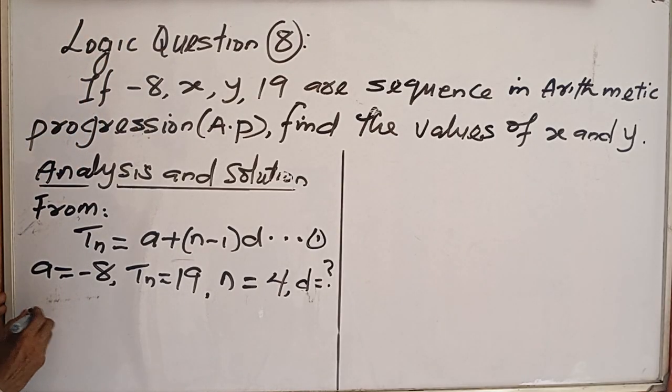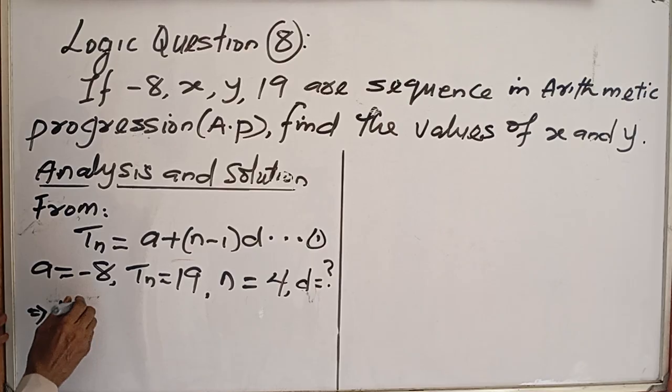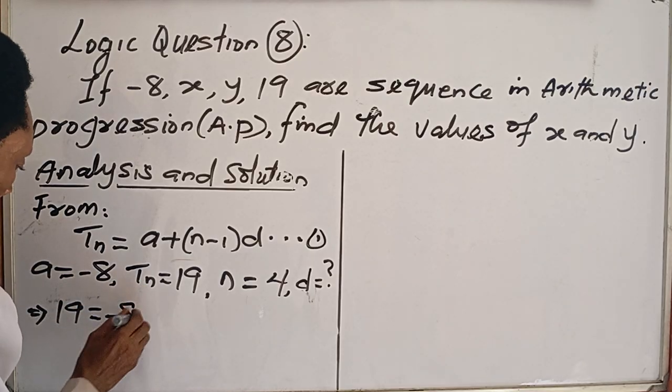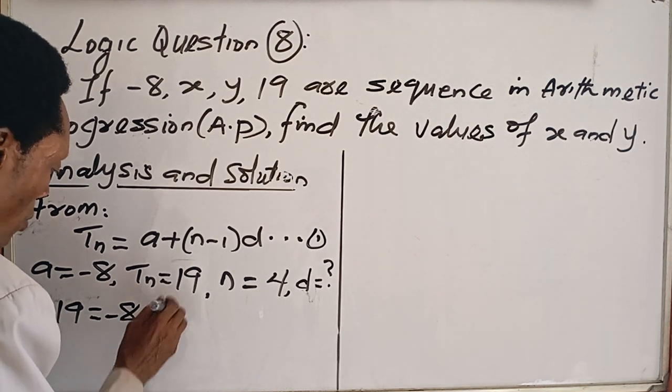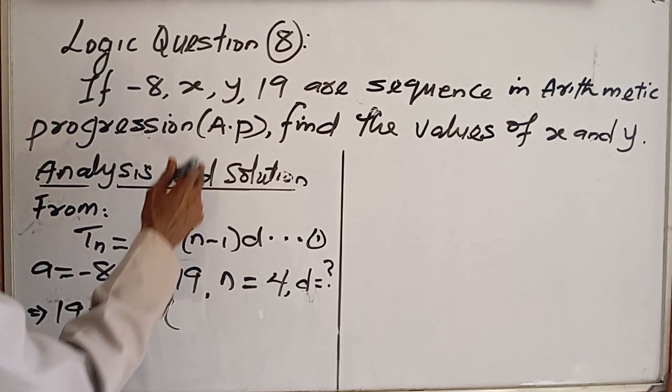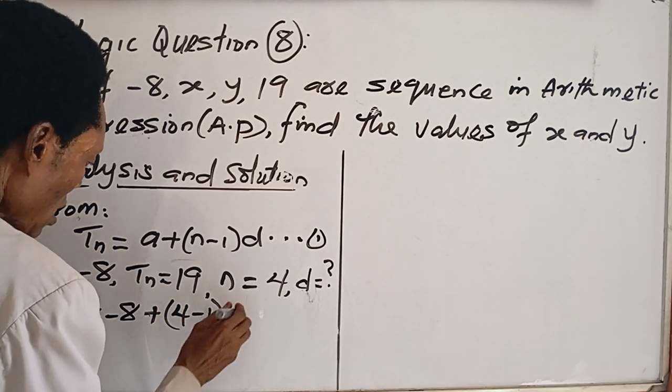So which implies, now let me substitute. Our Tn is 19 equals a, which is minus 8, plus open bracket n, which is 4, minus 1, then d.